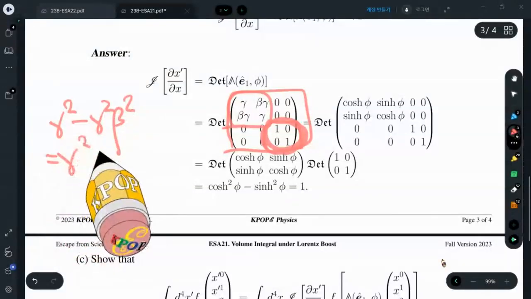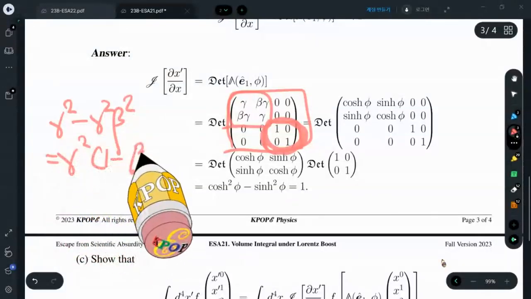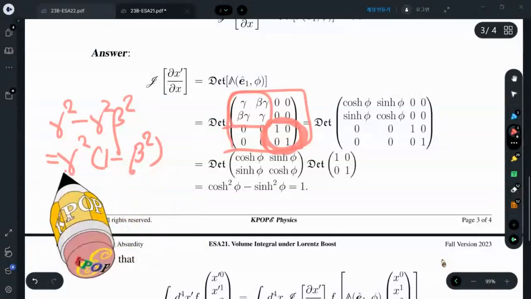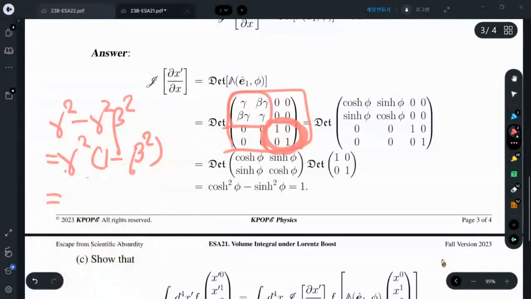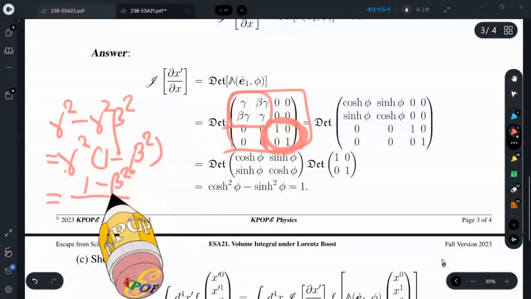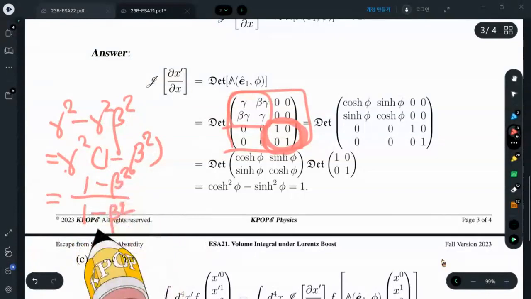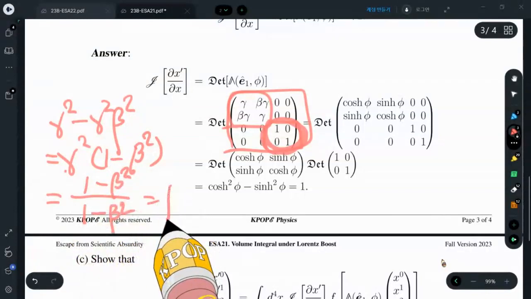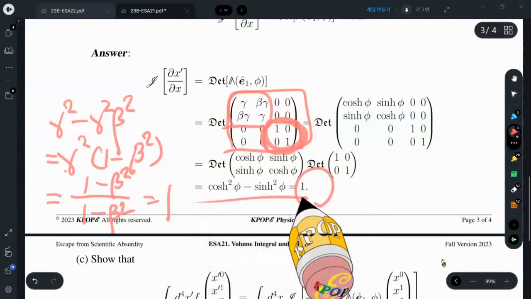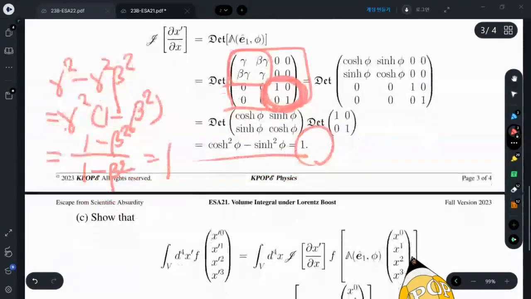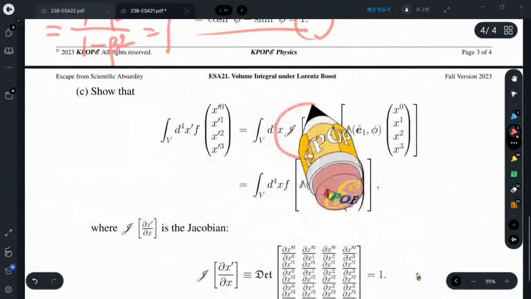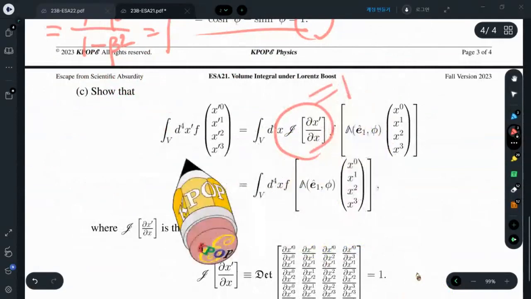I can factorize gamma squared, and they are inverse, reciprocal. It is 1 over 1 minus beta squared, times 1 minus beta squared, which is 1. So the determinant is 1. Then our Jacobian is 1.